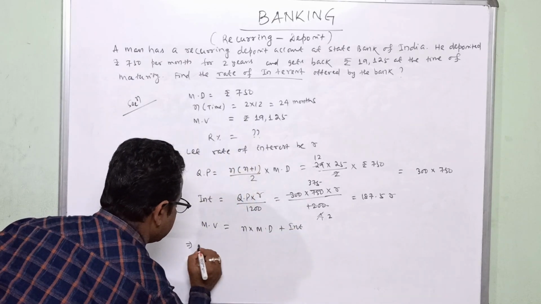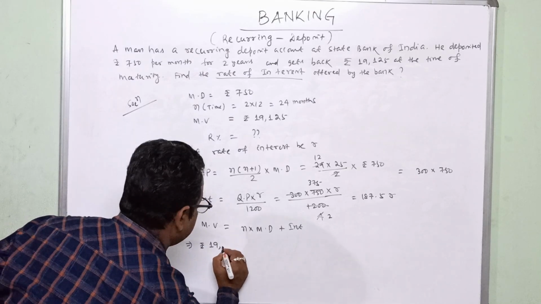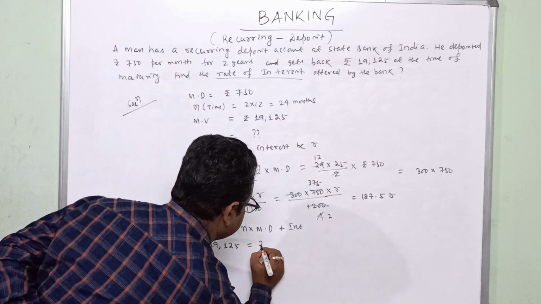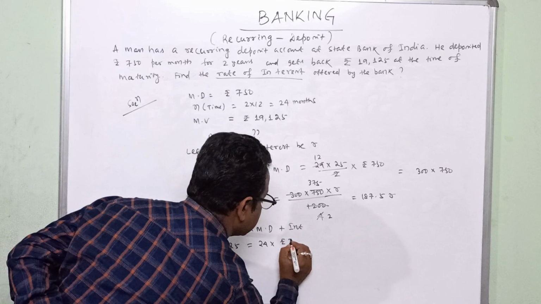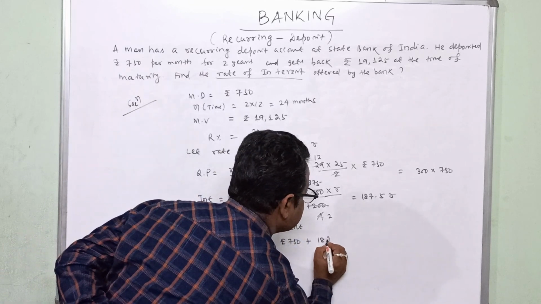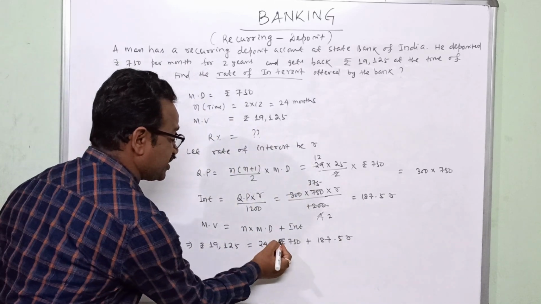That implies rupees 19,125. What is given? N is 24 into rupees 750 plus 187.5 R. Now we will solve it.